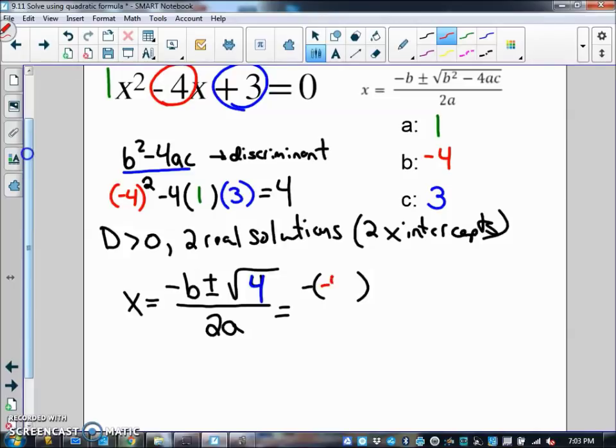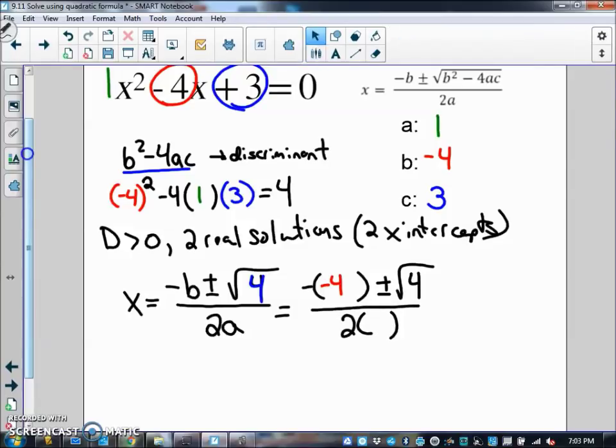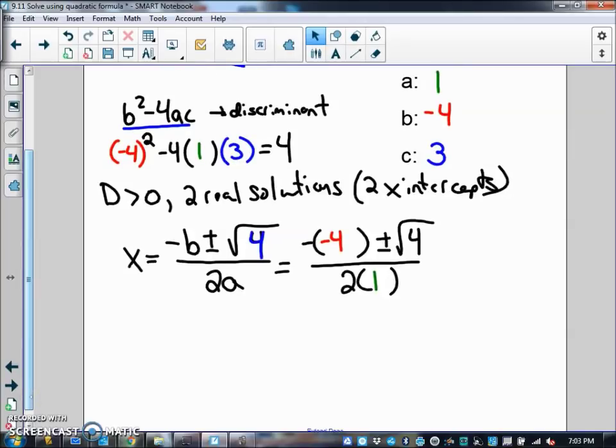So I'm going to have a negative of negative 4 plus or minus the square root of 4 all over 2 multiplied by 1. I can then go ahead and enter this into my calculator. Now, this tells me I have two solutions.